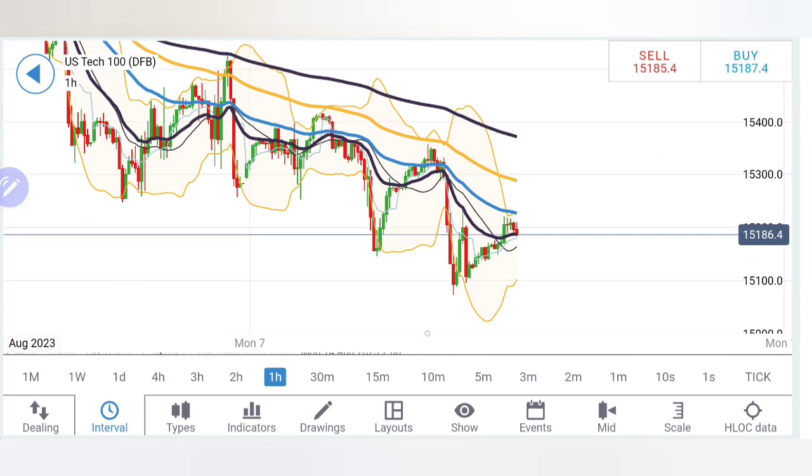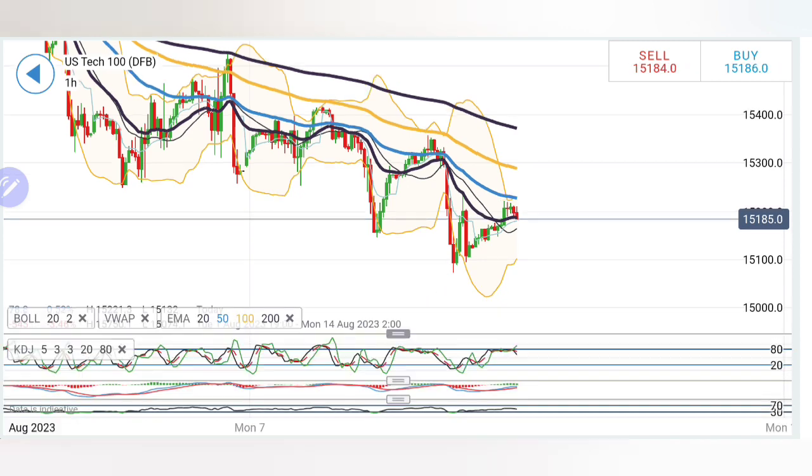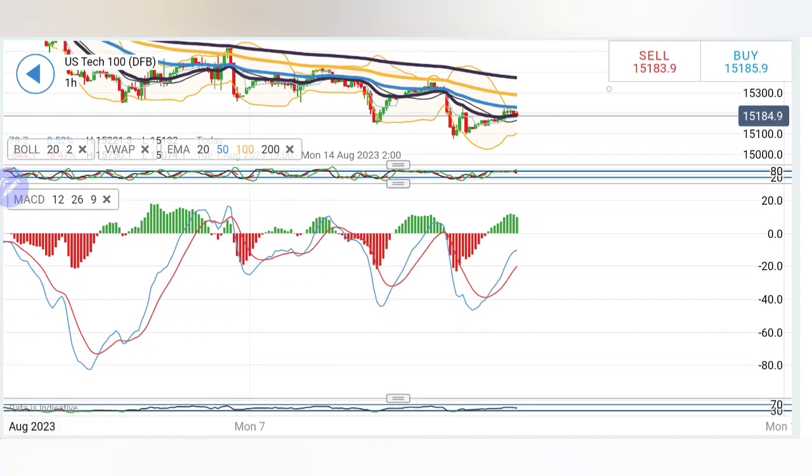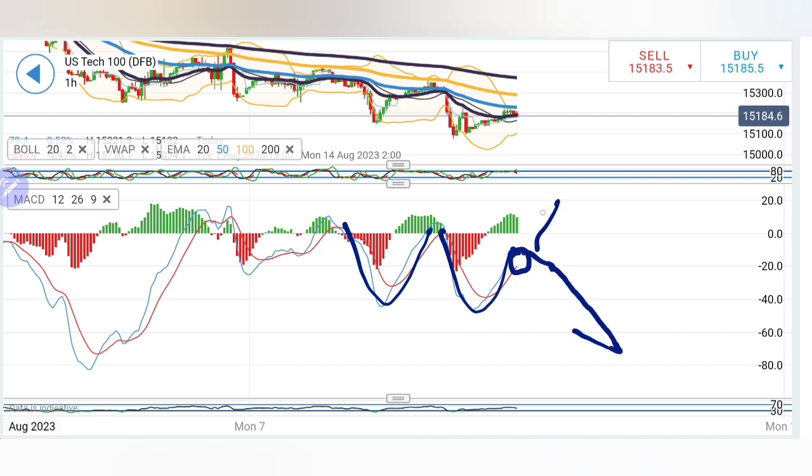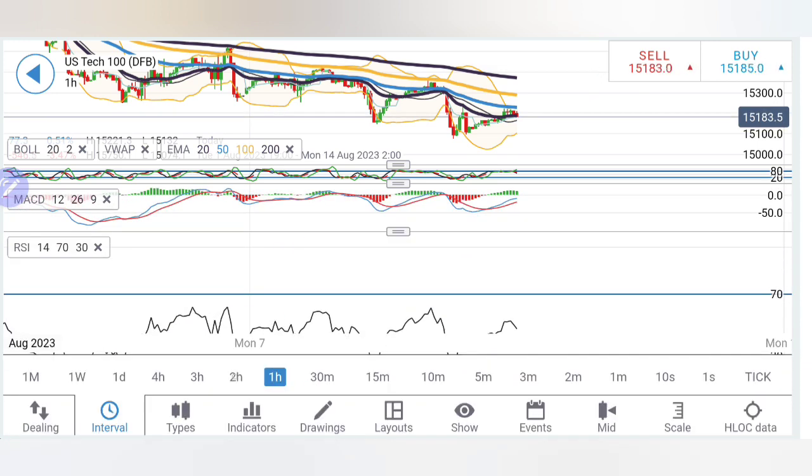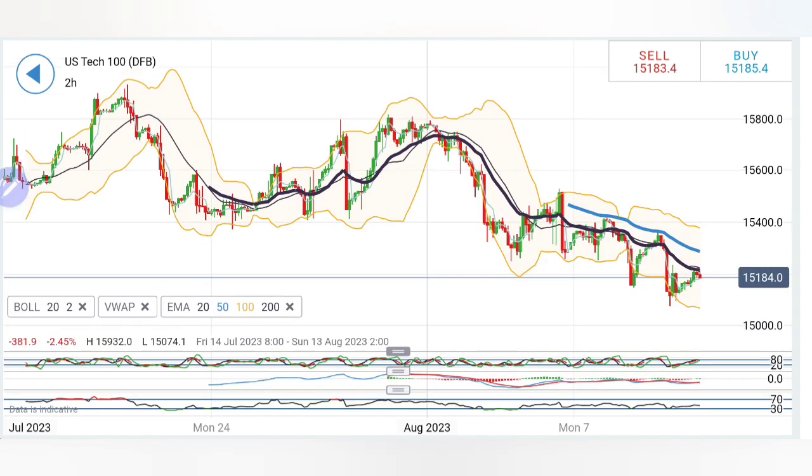Till this zone is respected, we should not expect bullishness. Stochastic is dropping here, the MACD, see first wave, second wave, and now trying to converge. I will look forward to whether it gives a third wave or tries to continue on the upside. RSI is looking downwards here, trying to trade with slight bearishness.